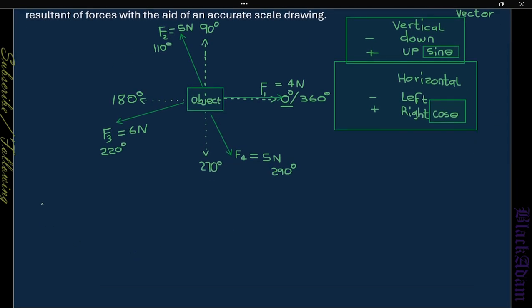We're going to have the vertical component first. Remember, for vertical we use sine, so the first one is 4 Newtons sine 0 degrees, and then the second one is 5 Newton sine 110 degrees.